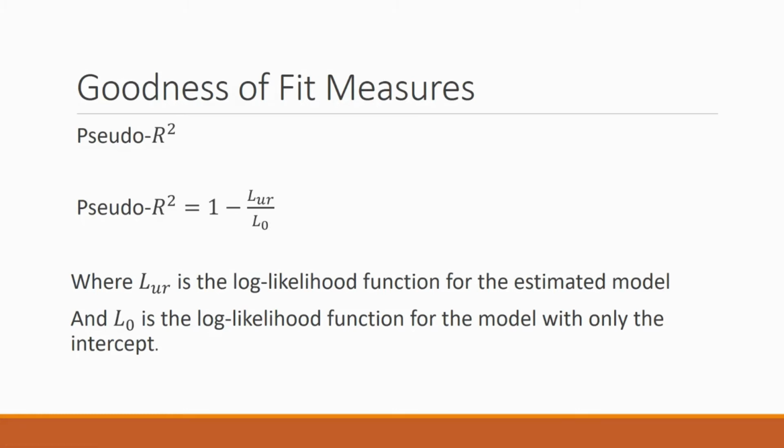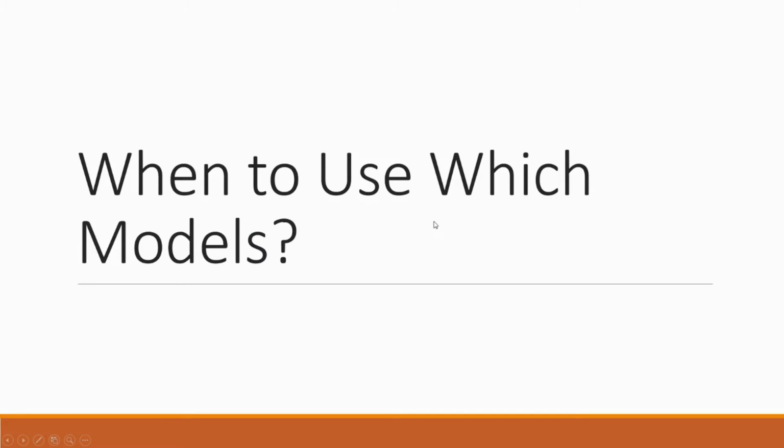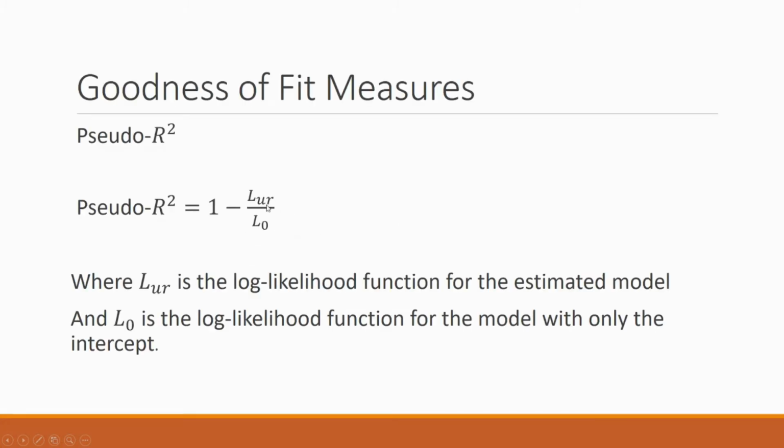We'll calculate this by hand in Stata in just a minute. And just real quick, this number is always going to be between 0 and 1. So it acts like an R squared, where the closer it is to 1, the better, and the closer it is to 0, the worse.